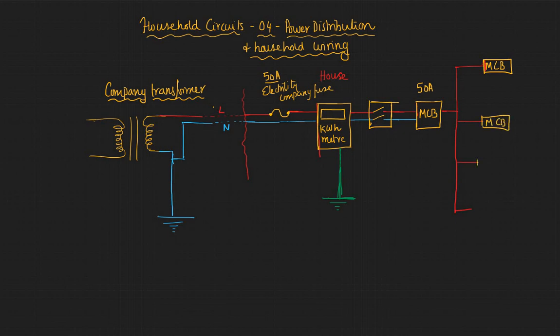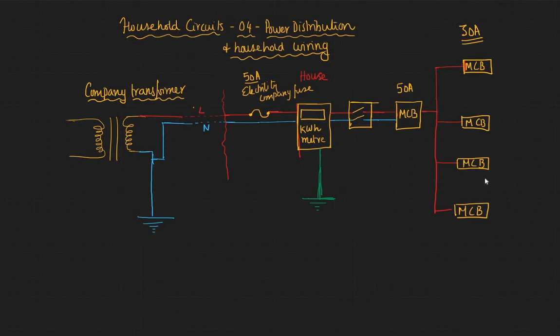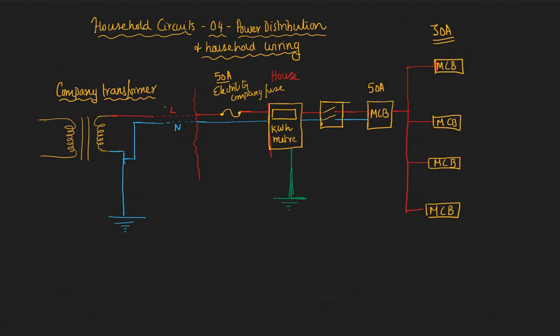This is like protecting each of your rooms or areas in the building through further MCBs. And for each room, let's say you put a cap of 30, a maximum of 30 amperes can be drawn into a room. So from here, the journey of the live wire continues. So this is how you do the live.